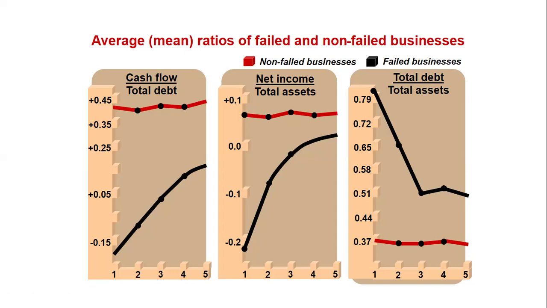So if you are not careful and you are using only one ratio as your base to predict failure, you may classify businesses differently based on each ratio. The classification you give for a business for each ratio would be different.